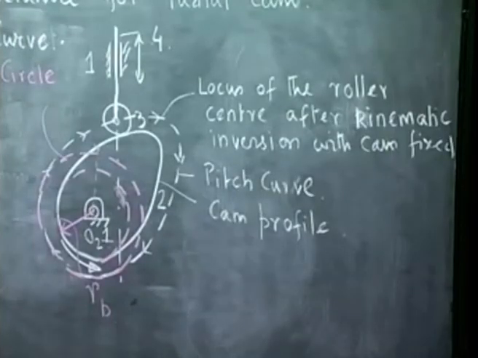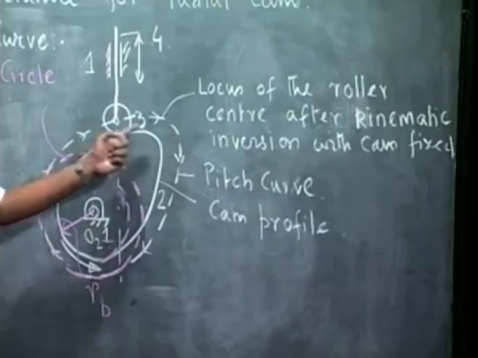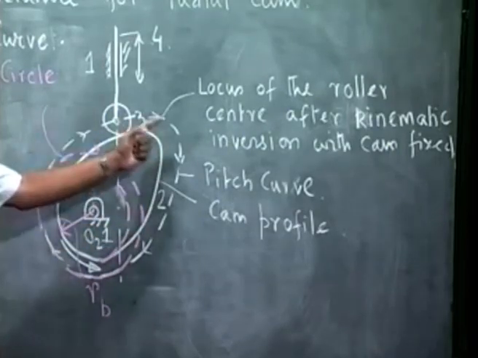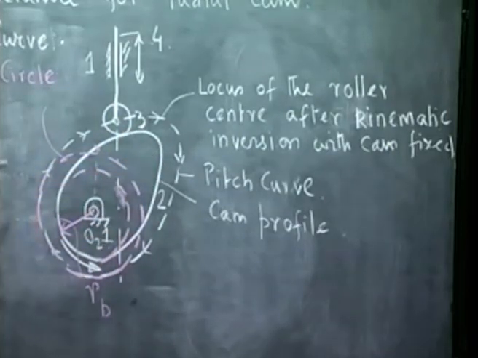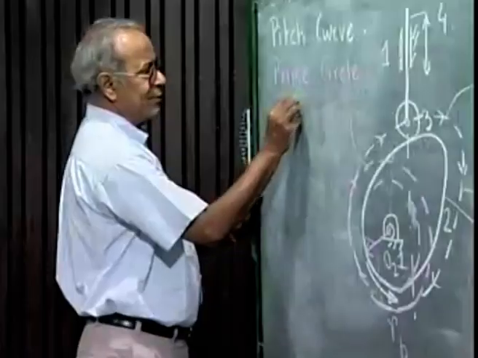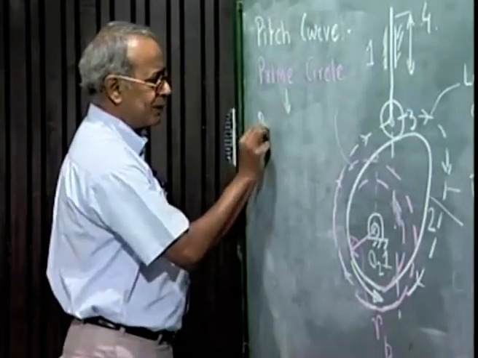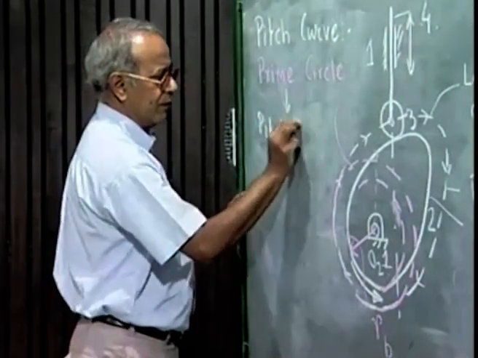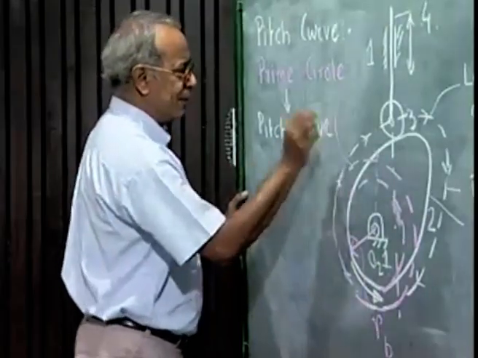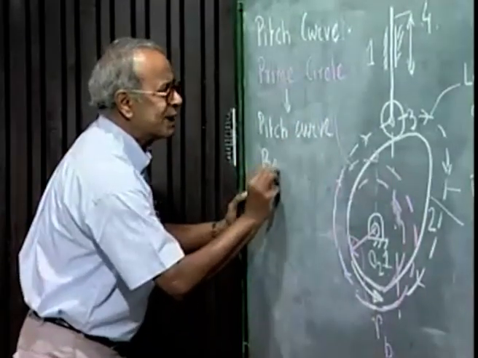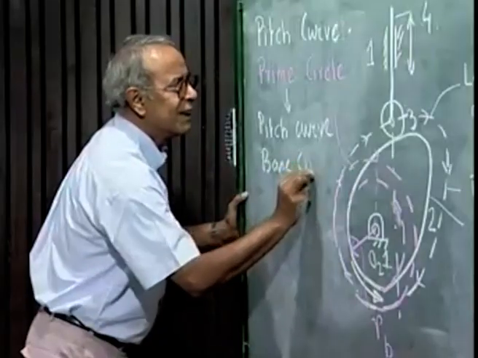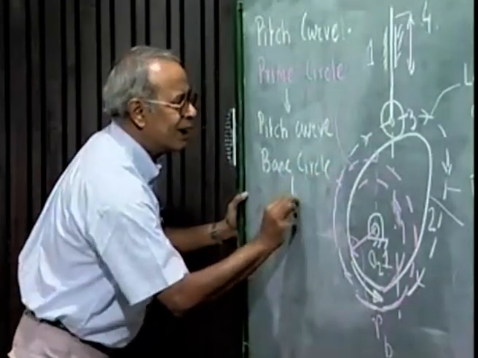So we have defined trace point, then this is the cam profile, then we define base circle, then we define the pitch curve, and then we define the prime circle. What we have seen, that prime circle to pitch curve is same as base circle to the cam profile.